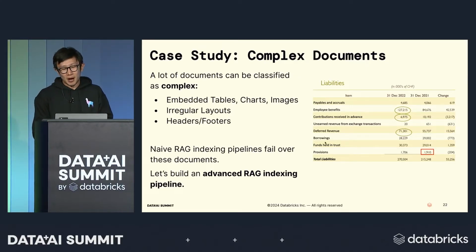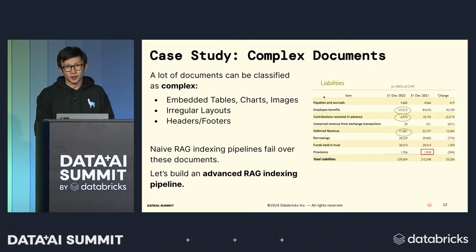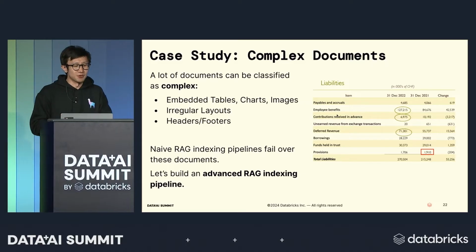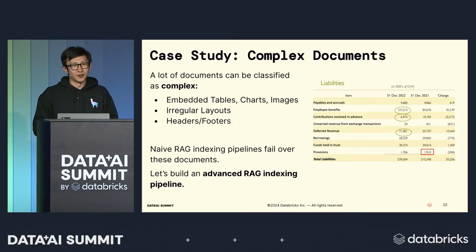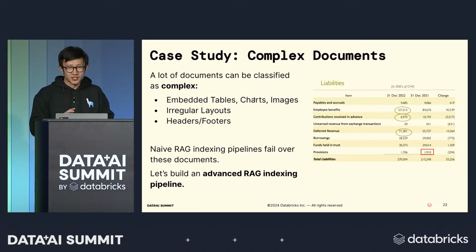If you have a PowerPoint presentation, not only are you going to have a table like this, you're also going to have spatially laid out text in a bunch of different positions. You might have irregular layouts in a PowerPoint or even in a PDF, and different types of metadata floating around like headers, footers, and page numbers. There's a lot of different types of content within a document.